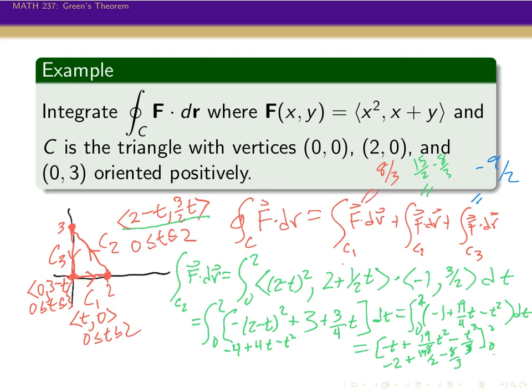And so then to get the full integral, we're going to add the first integral, which is 8/3, plus the second integral, which is 15 halves minus 8/3, plus the last integral, which is minus 9 halves. You see the 8/3 cancel each other off. 15 halves minus 9 halves is going to leave me with 6 halves, which is just 3. So, end of the day, this closed curve integral is just 3.